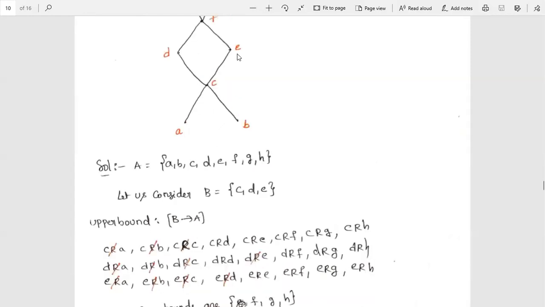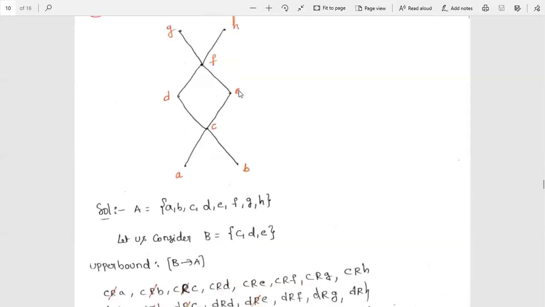So next, the element E. E does not have a relation with A, B, C, and D, and E has a relation with itself. So E is related to E, E is related to F, E is related to G, and E is related to H.